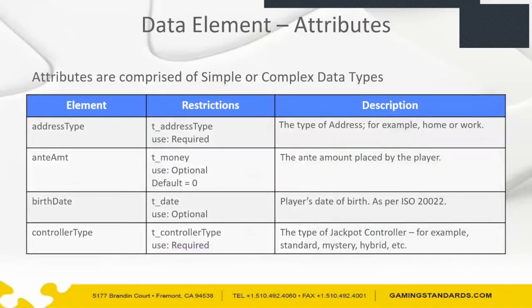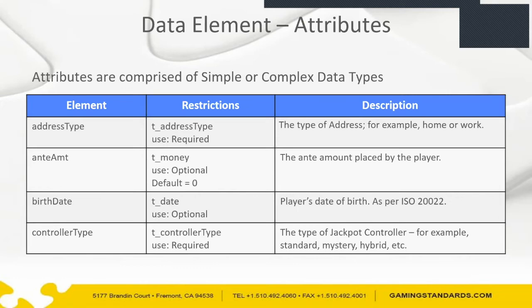Now let's talk about the different data elements and the different data element attributes. So the first type of data element that we created are these attributes, and these attributes are comprised of either simple or complex data types. And I'm just giving you some examples here of what the element looks like and how we've defined them.